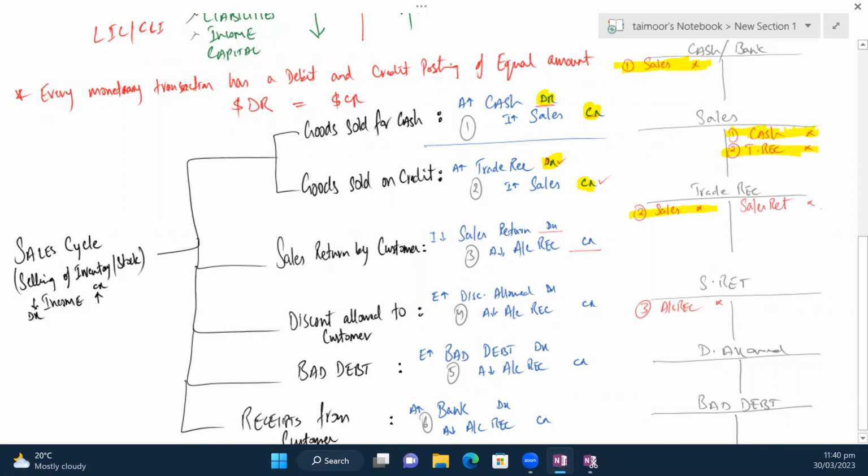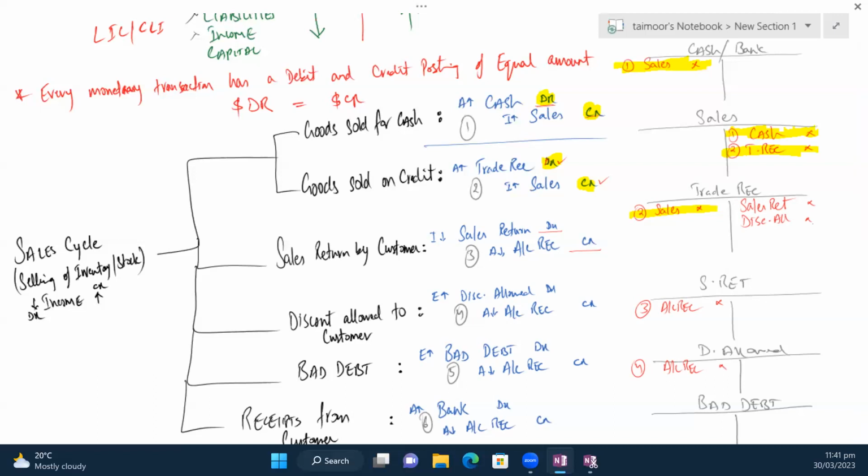ठीक है जी? That's the third entry. Number 4 is discount allowed debit, account receivable credit. So discount allowed debit because of account receivable, and account receivable credit because of discount allowed. All right. So discount allowed debit, account receivable credit.